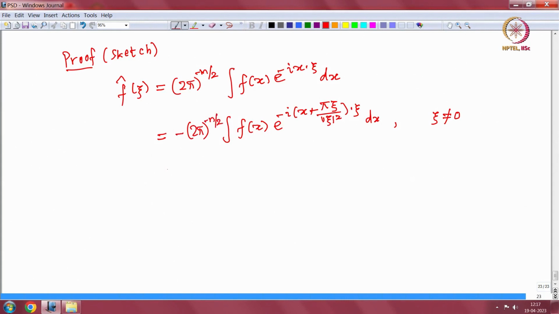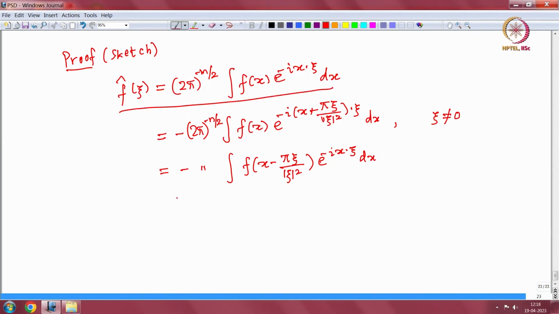Now, you change the variables. So, let me write here f of x minus pi j by mod j square. This is just translation. So, now we have two expressions for f cap. Just add them.